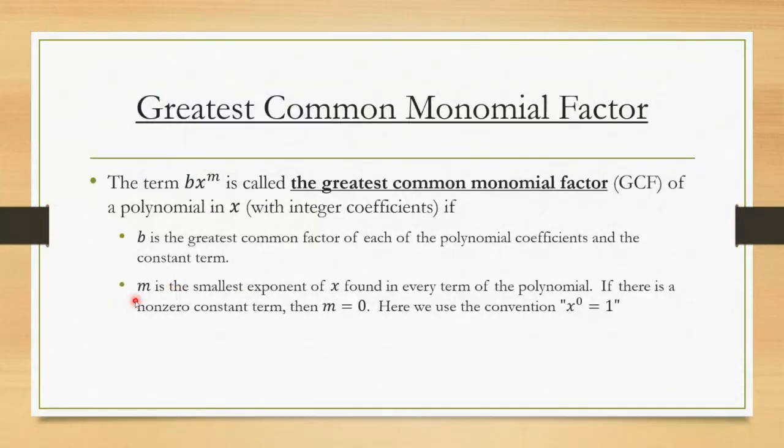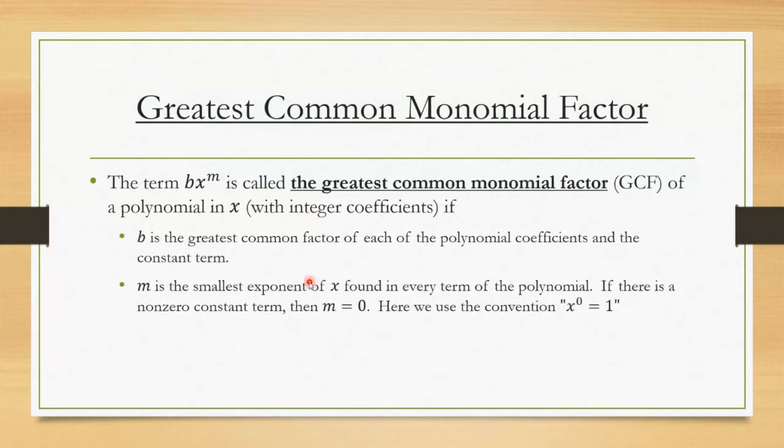Also, m is the smallest exponent of x found in every term of the polynomial. And if there's a non-zero constant term, we take m to be 0. We're using this imprecise convention as a way to remember it.